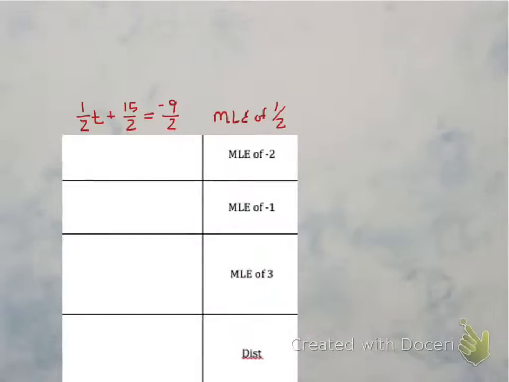For the next transformation, I'm going to transform with an MLE of -2. So I want to multiply each term by -2 on each side of the equation. That would leave me with -t, or -1t, plus -15 is equal to 9.